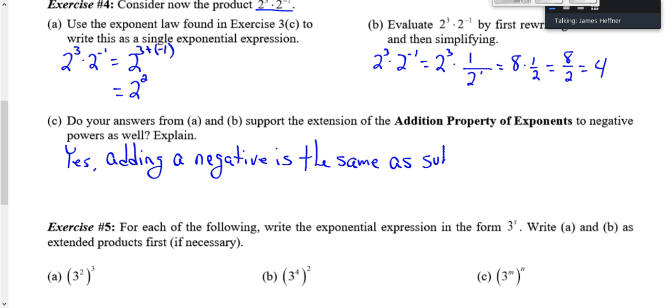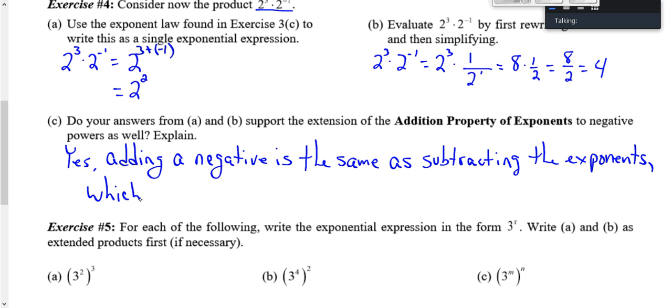Subtracting the exponents. And when do we subtract exponents? When we're doing what? When we are dividing. Dividing, right? So we can think of it in a couple of different ways. And they're both valid. Okay?